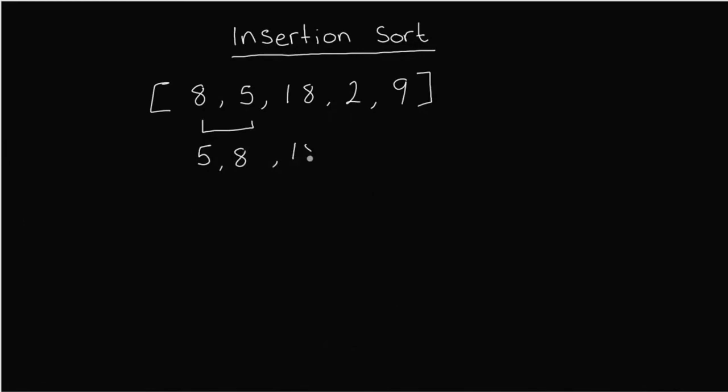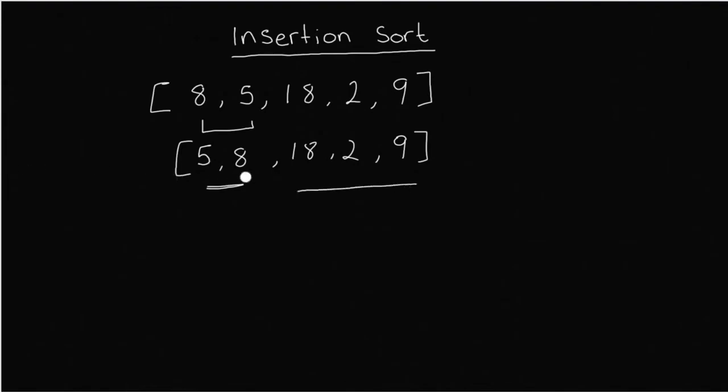And the rest of our array is not going to change. It's just going to be the same way it was before. So it'll have 18, 2, and 9. And I'll just put the square brackets around this to make sure there's no confusion. And now we know that this part of our array is sorted. So our two elements to the left are sorted, but we're still unsure about the rest of our array.